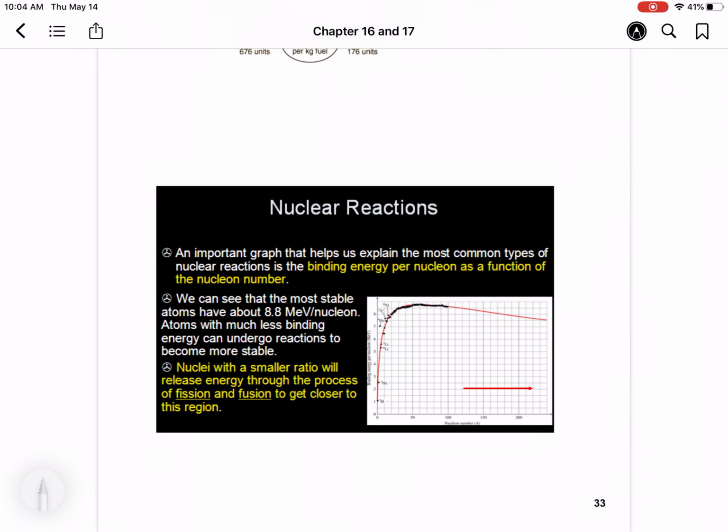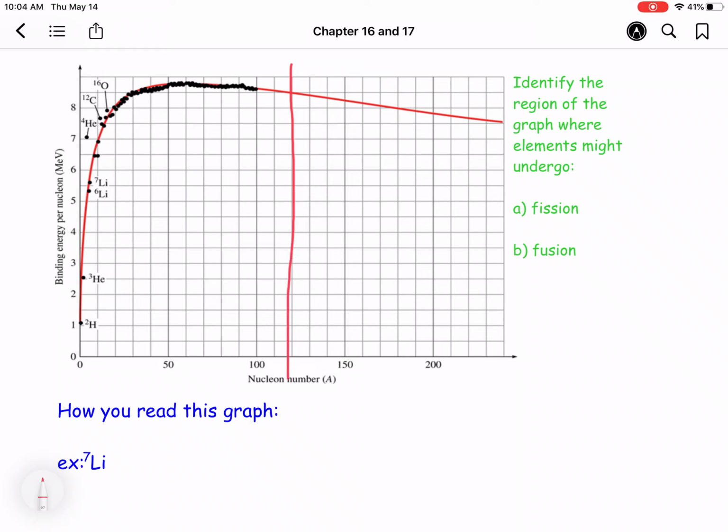What's important here is where things undergo fission and fusion. Any elements that are 120 or higher are going to undergo fission. Any elements that are 60 or less undergo fusion.